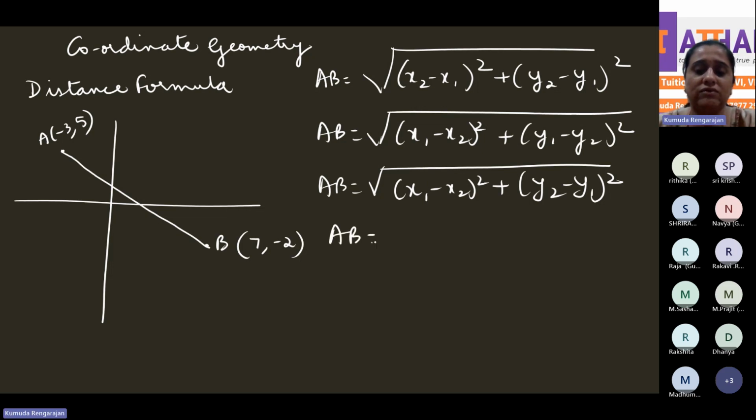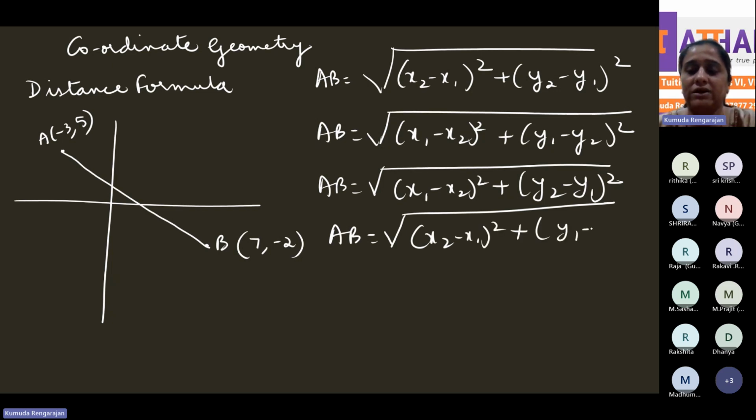Or you can write AB is equal to square root of (x2 minus x1) the whole square here and maintain (y1 minus y2) the whole square here. I hope you understand. So it is a square root of, you can write (x1 minus x2) the whole square or (x2 minus x1) the whole square, plus you can write (y2 minus y1) the whole square or (y1 minus y2) the whole square. And also you can write this one first and this one later, because it's only addition.